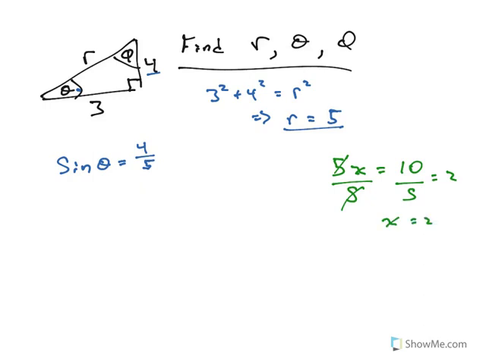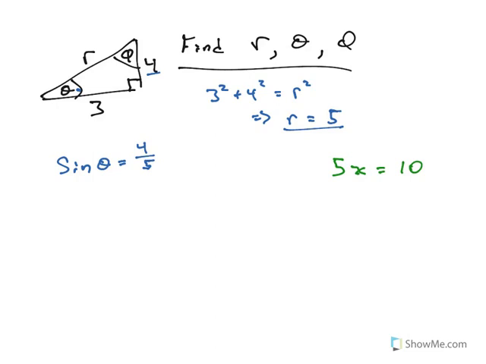And that's true, but why did you divide by the 5? We had 5x equals 10. I wanted to get rid of the 5 because I wanted x by itself.